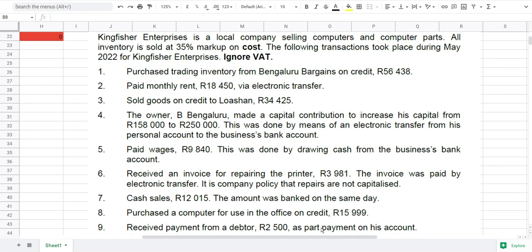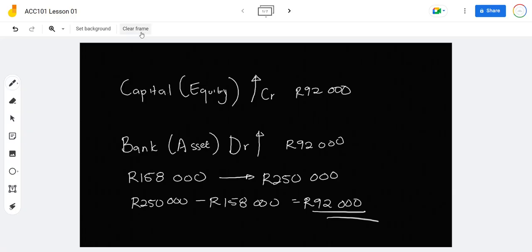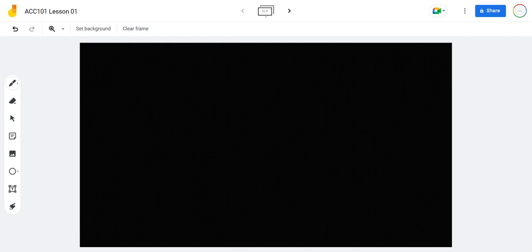Next transaction says paid wages of 9,840 rands. This was done by drawing cash from the business bank account. This transaction here, I believe, is very, very clear. The bank account is going to decrease because we went and then we withdrew some money. So the bank account, which is an asset, is going to decrease.